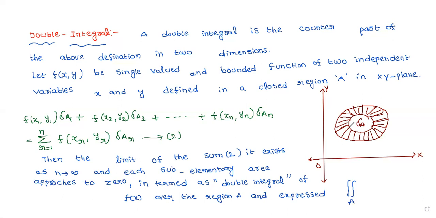Simply, it finds the area, denoted f of x comma y delta a or dA, simply dA. Area is finally found. Thus, write down, continue next step.